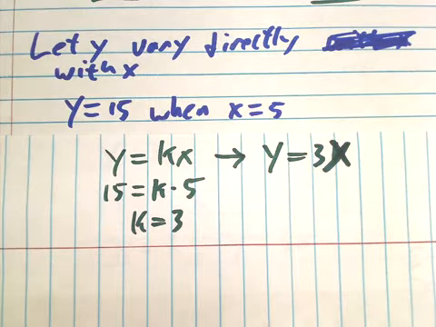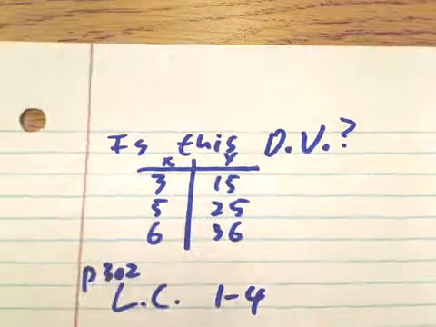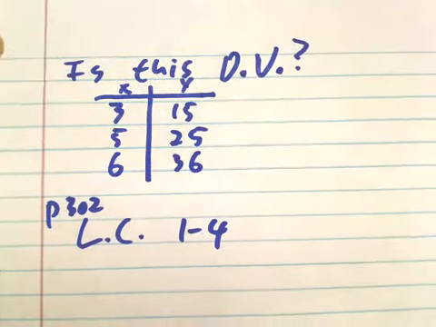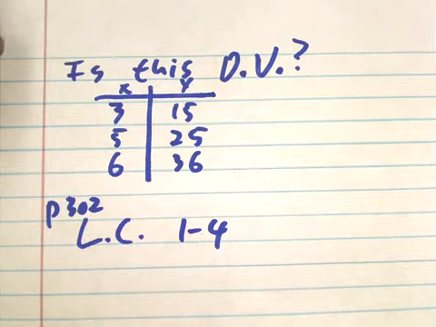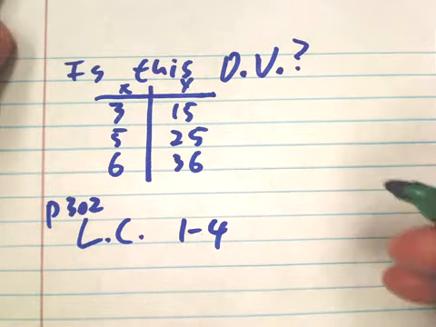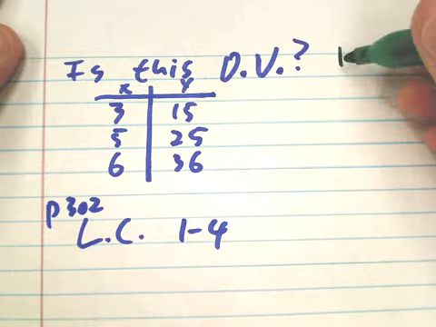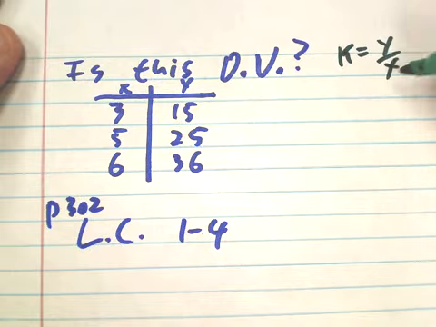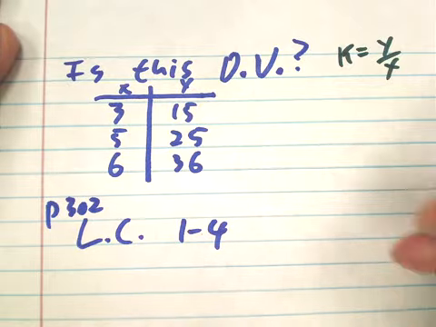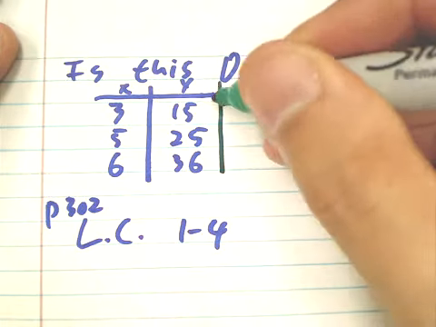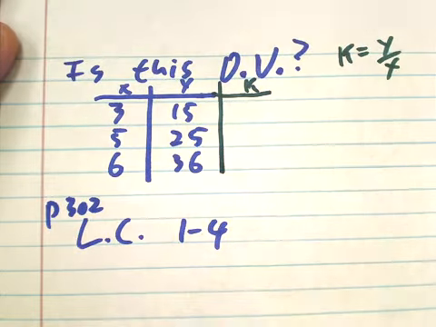All right, finally, one more thing, and then we'll do a couple problems together. I'm asking you, is this a direct variation? Now, remember the value of k is like the slope, so that's the y over the x. So let me put a note here. K equals y over x. And so to tell if this is a direct variation, we find the value of k for each row. So I'm going to expand this table. Let's check k.